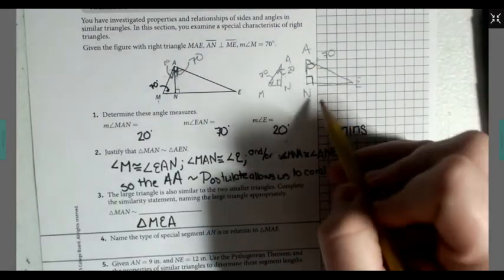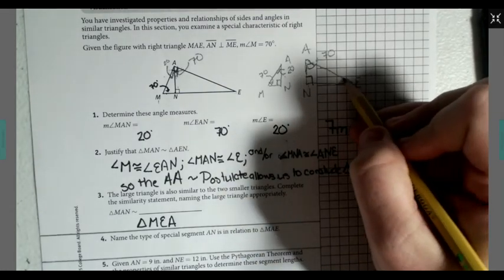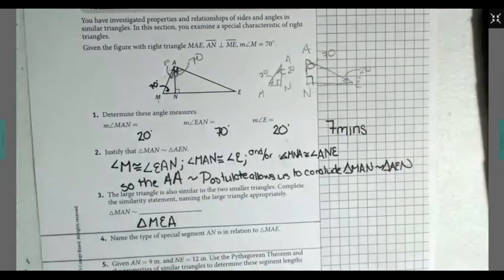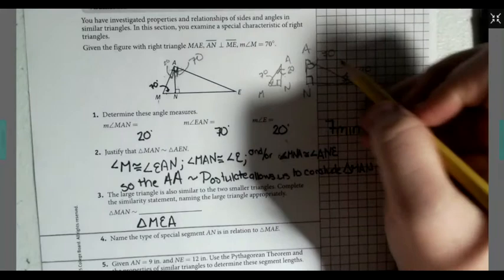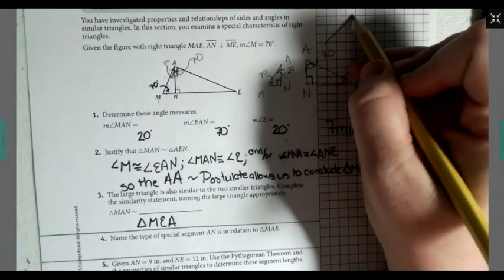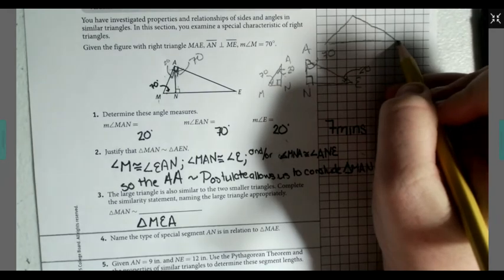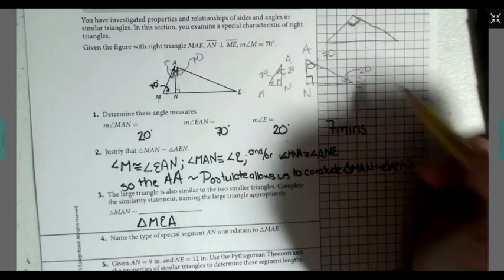Well, if this is 70, if this is the right angle, that makes this angle, what's left, 20. And then you have the original large triangle. Not drawn to scale, I know, but we know that this was the right angle.